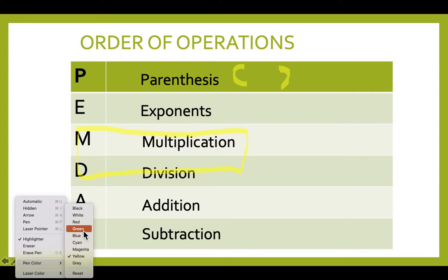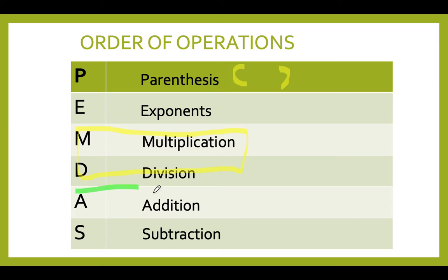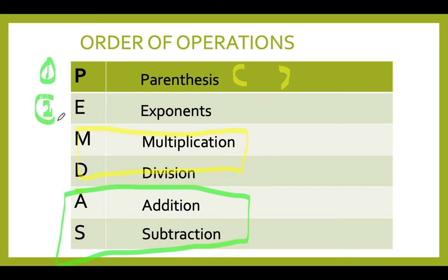Now, I want you guys to understand, and this is a common mistake that students make, that they'll see a problem and think, okay, I'm going to have to do multiplication first before division, because we see that M comes before D in this order of operations. Anytime you come across a problem and you see multiplication and division, you're just going to simplify from left to right.